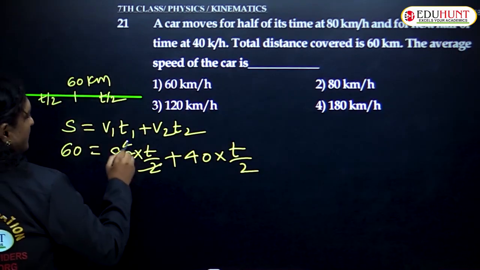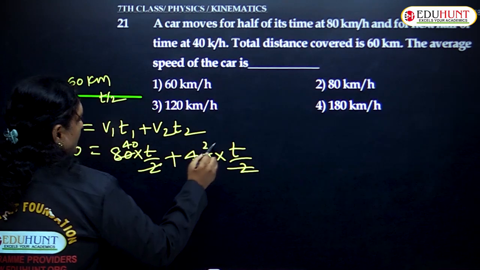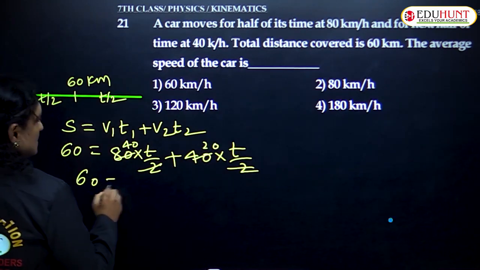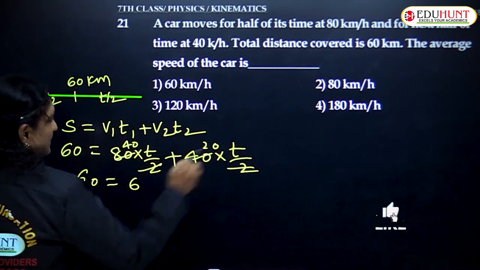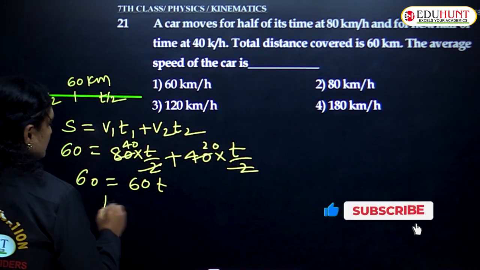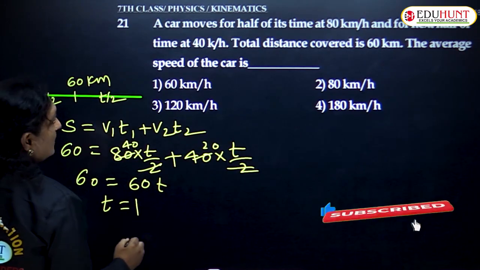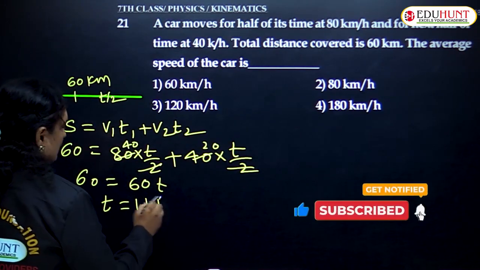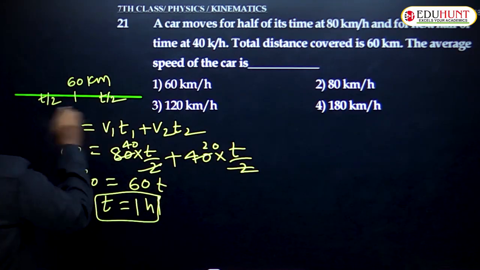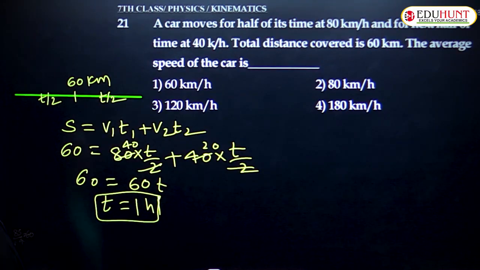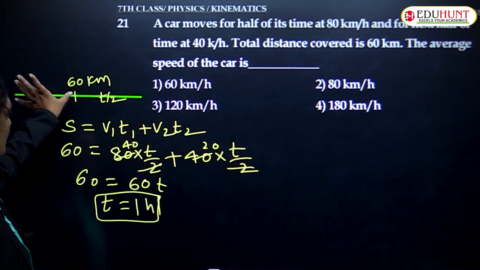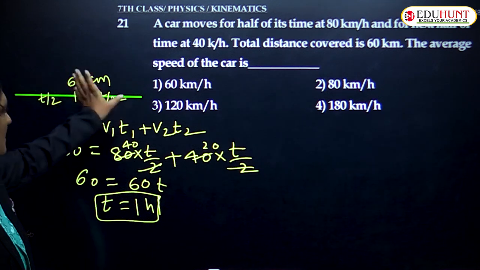If you simplify further, this is 40t and this is 20t. So, clearly 60 equals 40t plus 20t, which is 60t. Hence, t was found to be 1 hour. The total time was found to be 1 hour. Hence, the time here is half an hour and half an hour.